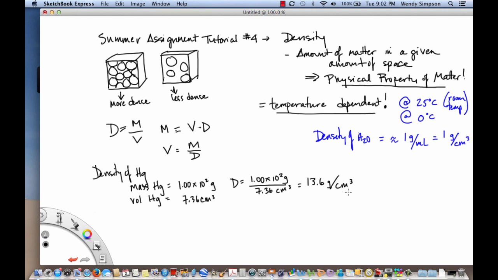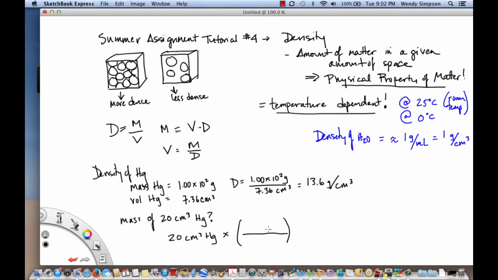Let's say I wanted to find the mass of 20 centimeters cubed of mercury. How would I do that? One way is to start out with our given quantity, which is 20 centimeters cubed of mercury, and I want to find the mass. So I can use a conversion factor.